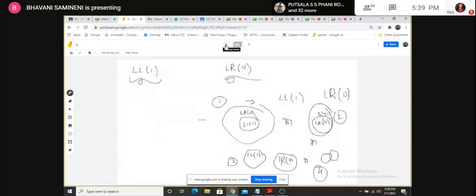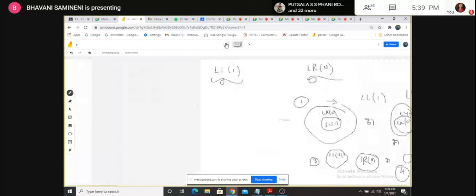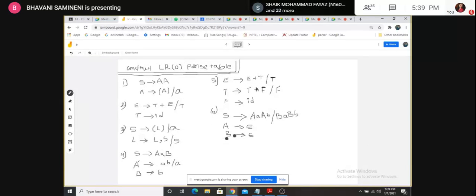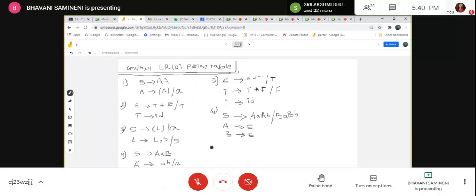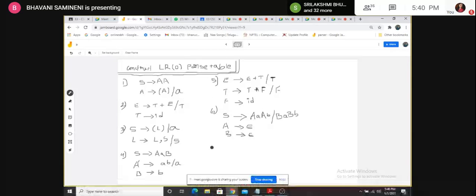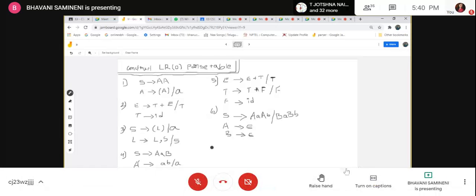Just take a snapshot of it, and you can do it on your own. Construct the LR0 parse table for all these 6 problems. If you are really interested, you can solve the other problems that we have given in the last classes.